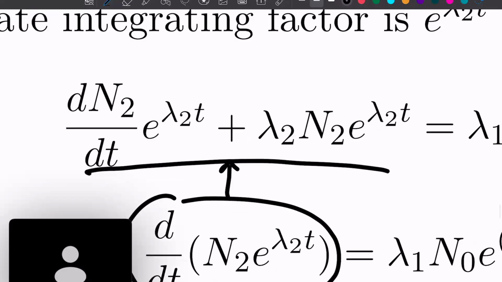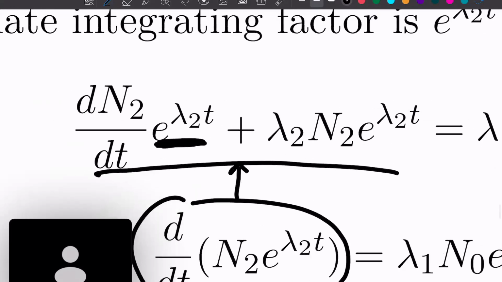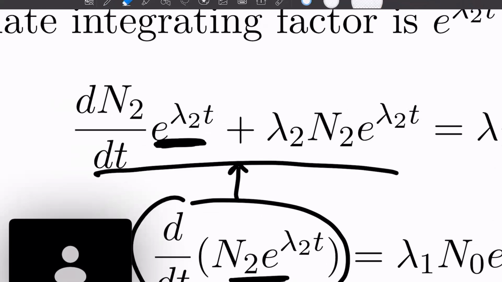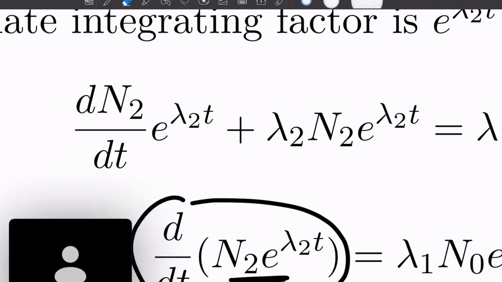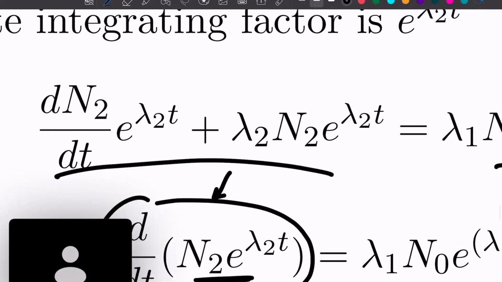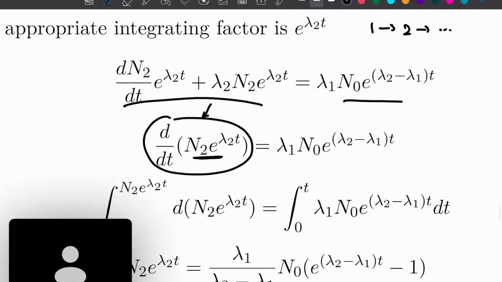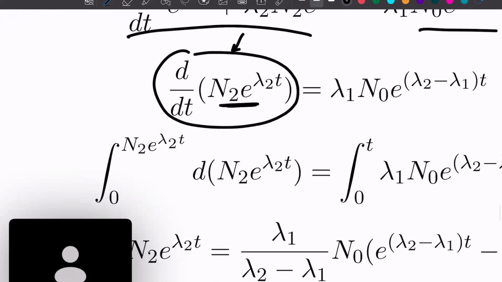That's why we multiply by this specific thing: when you differentiate this, you get back this. So the whole point of the integrating factor is so that you can bunch these two terms into a nice thing like this. And so with this, then you integrate both sides. Maybe in your own free time, you can try doing this integrating factor at least once.